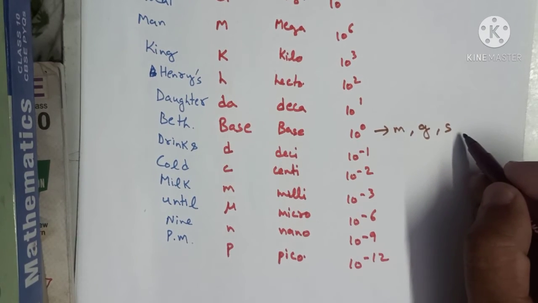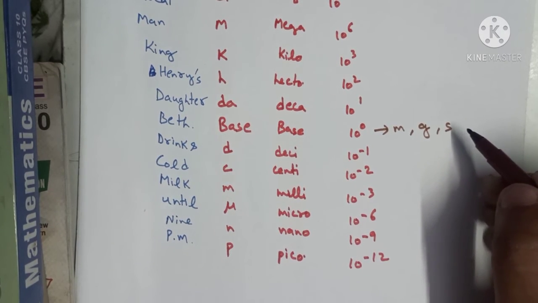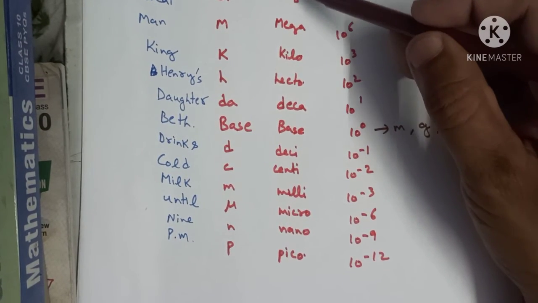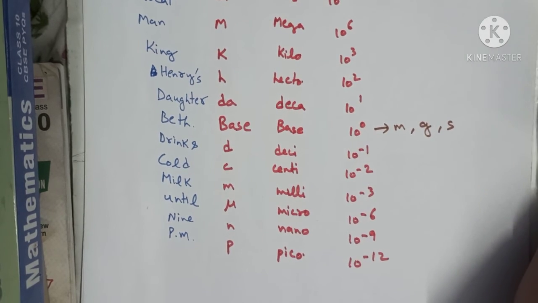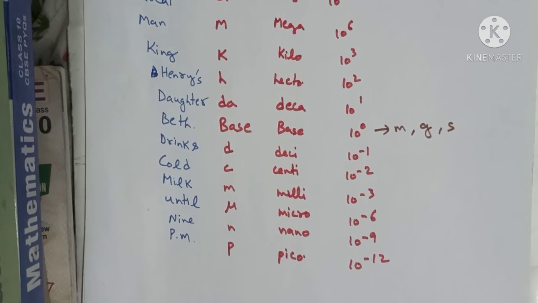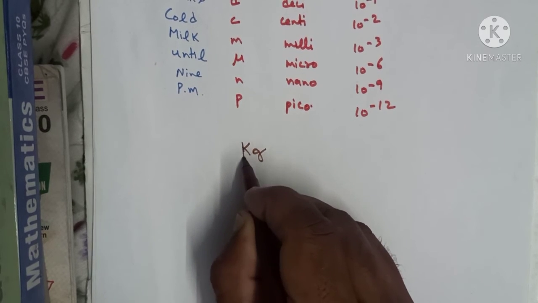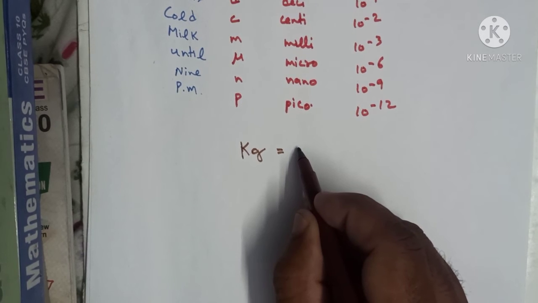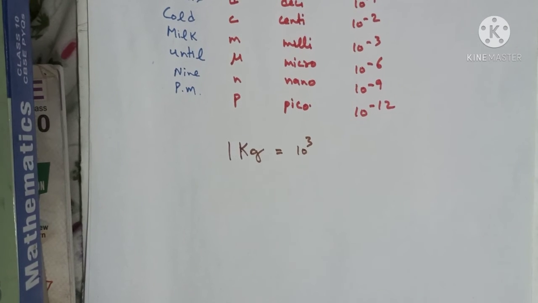These are called the base values, and the rest are the prefixes. Prefixes are those things which are applied before the base values. For example, if I write kilogram, kilo is the prefix and gram is the base value. Kilo means 10 to the power 3. So 1 kilogram is equal to 10 to the power 3 grams.